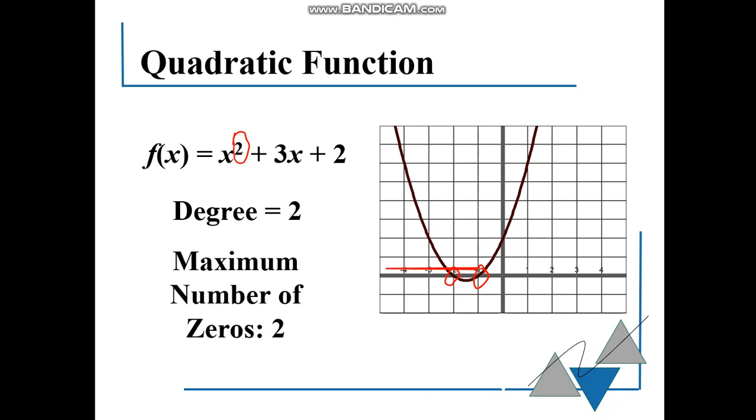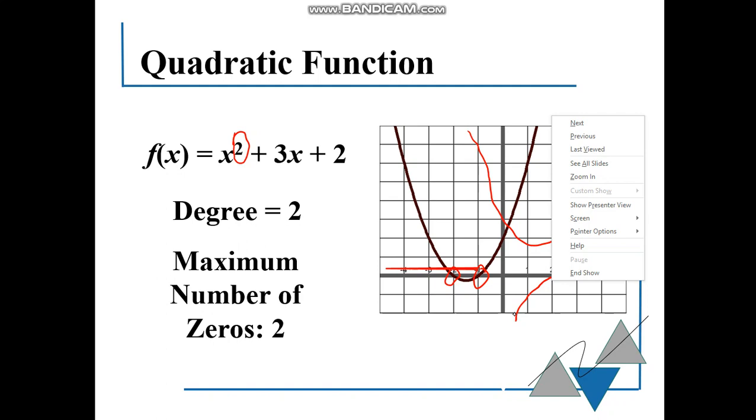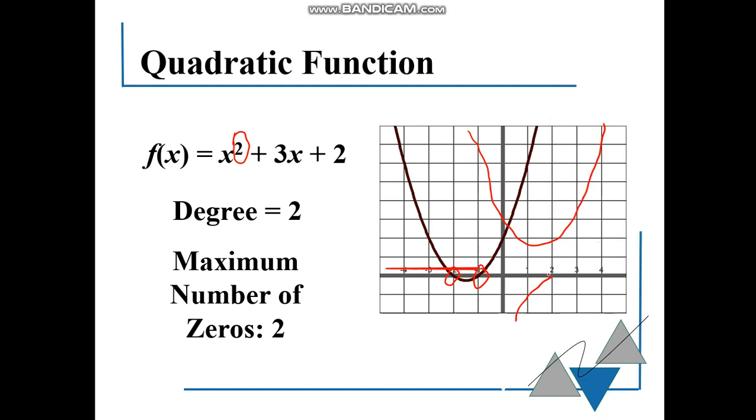And that's the maximum that we could have, right? Because my parabola could be up here, and it has 0 x-intercepts, right? Or it could be right exactly on the line and just have 1. So the maximum number of zeros, the maximum number of x-intercepts, is 2.